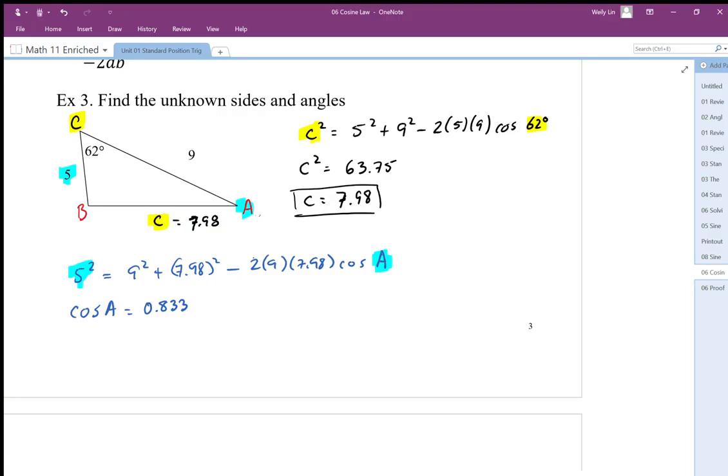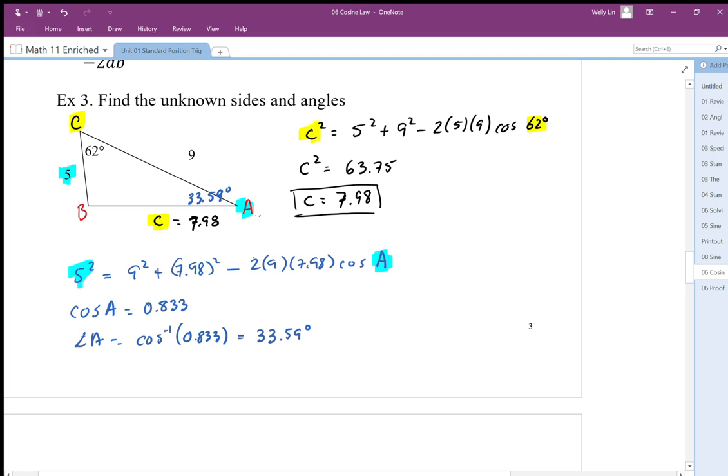Okay, and then if I do this inverse cosine, angle A is equal to the inverse cosine. So my input is ratio, my output is angle, and I get an angle of 33.59 degrees. So my angle A is 33.59 degrees. I can deduce angle B from subtracting from 180.